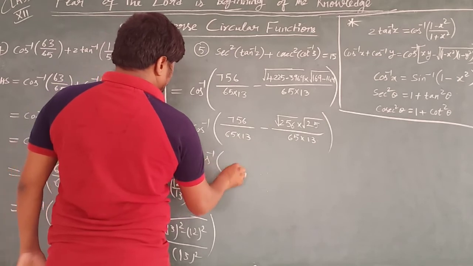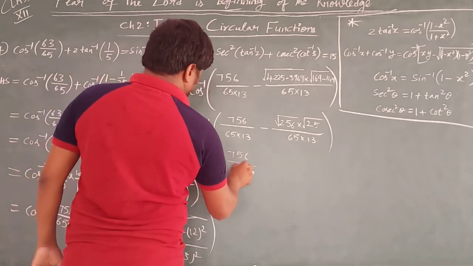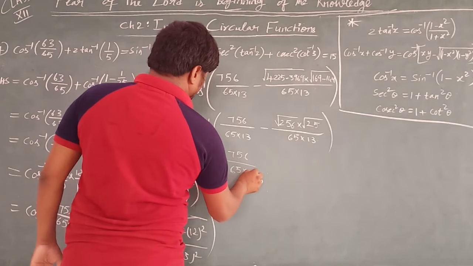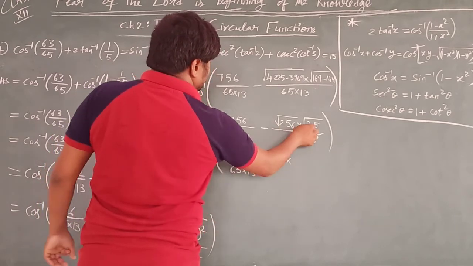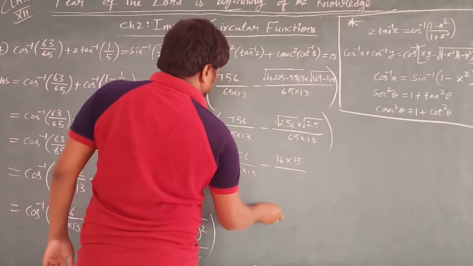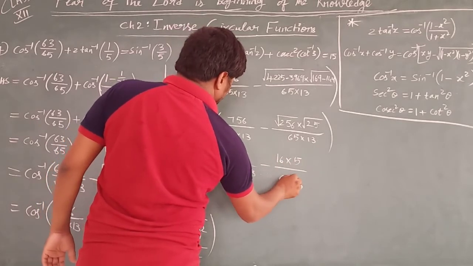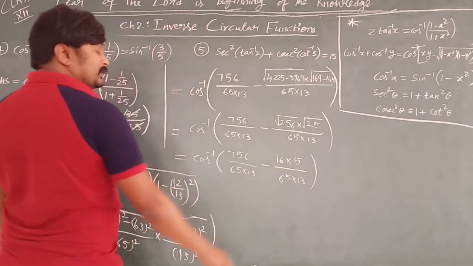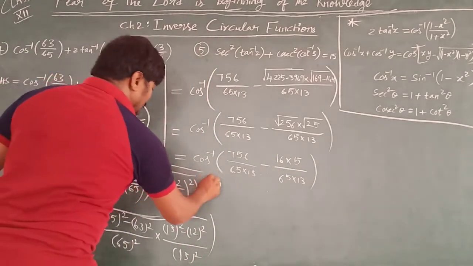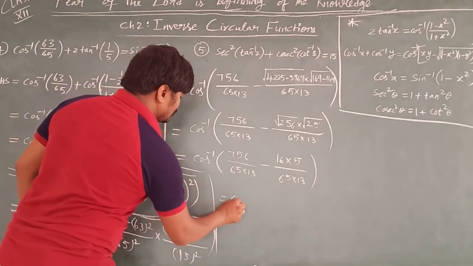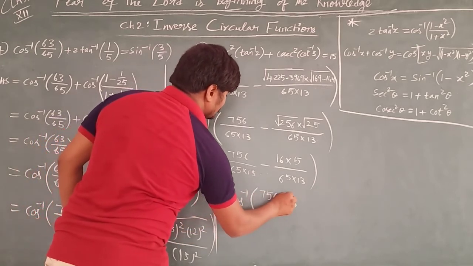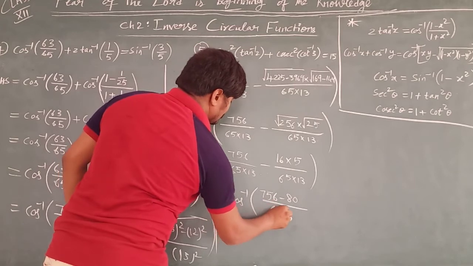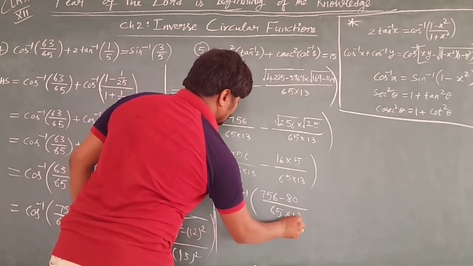So cos inverse 756 upon 65 into 13 minus this is nothing but 16 and this is nothing but 5, that is upon 65 into 13. 16 5s are how much? 80. So substitute now, that is equal to cos inverse 756 minus 80 upon 65 into 13.